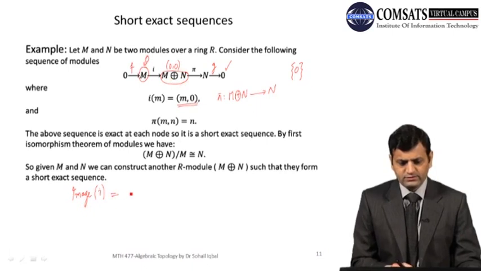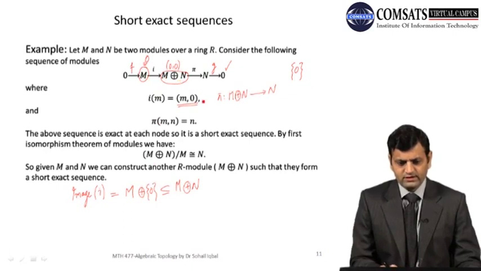Of course 0 is contained in N, so this is contained in M plus N. This is the image because it's taking elements of M and taking them to (m, 0). That's how we define this i.